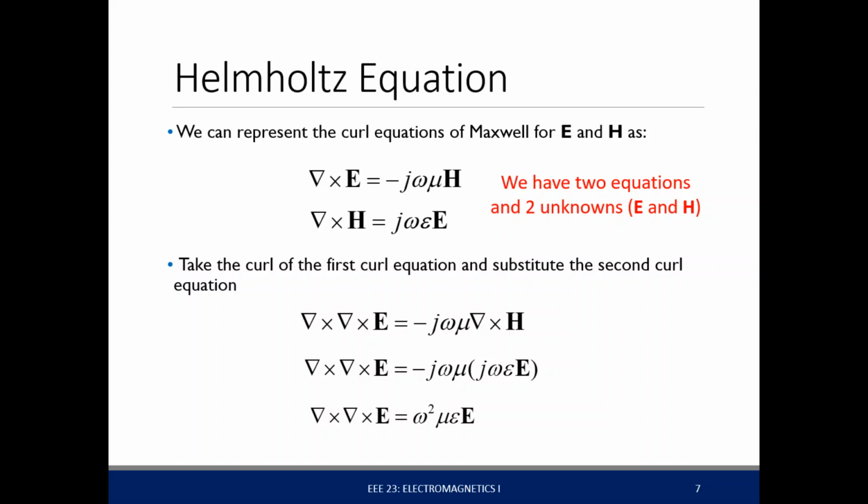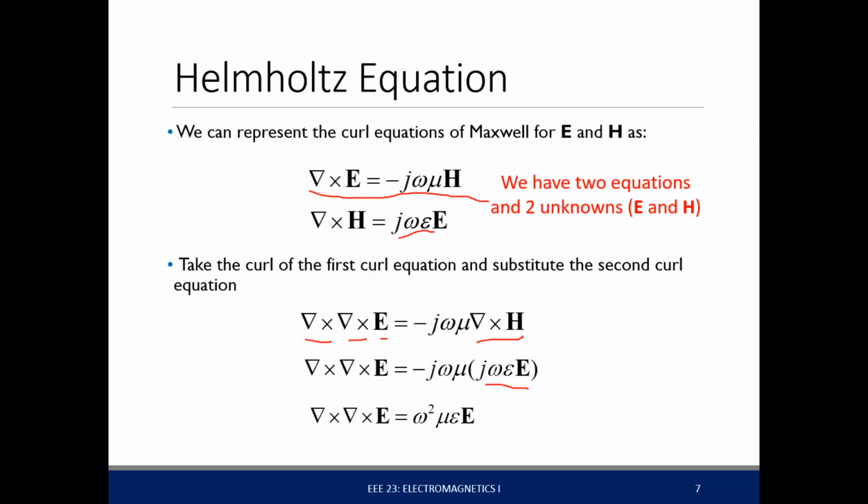If you take the curl of this first equation, the curl of E is equal to negative j omega mu times the curl of H. This j omega mu are just constants. Therefore, in the curl operator, they are just factored out. And the curl of H here is equal to this equation right here. So this curl of H just becomes j omega epsilon times E.